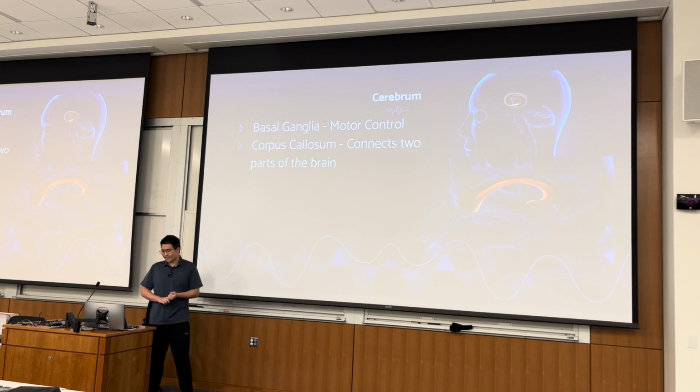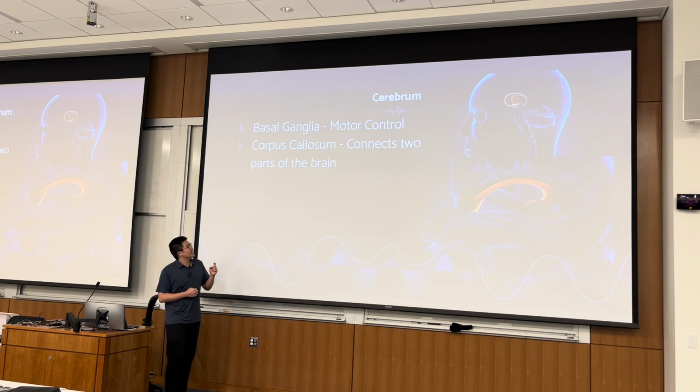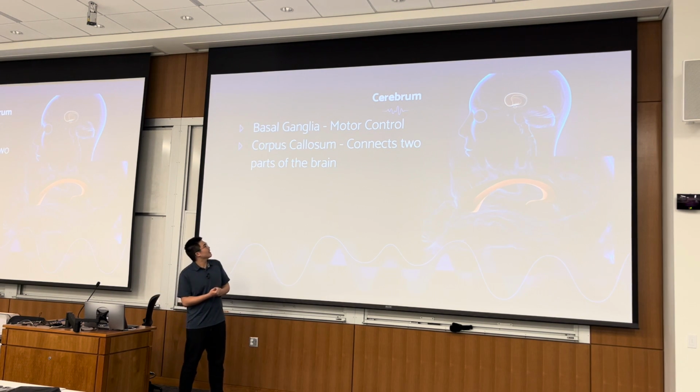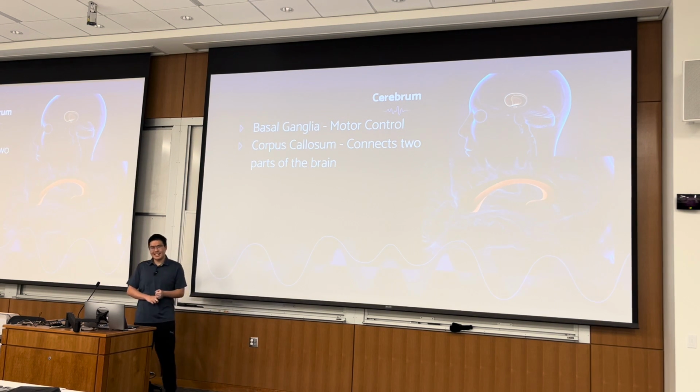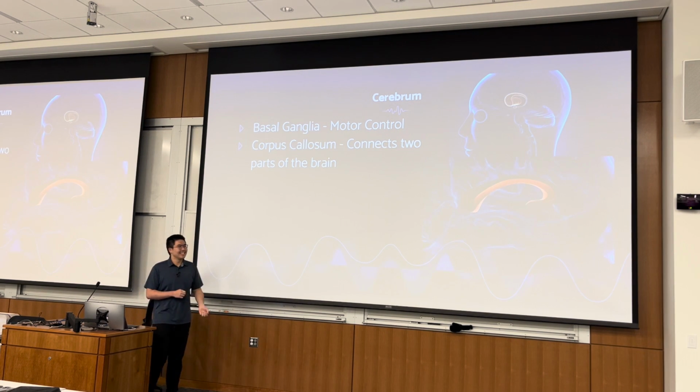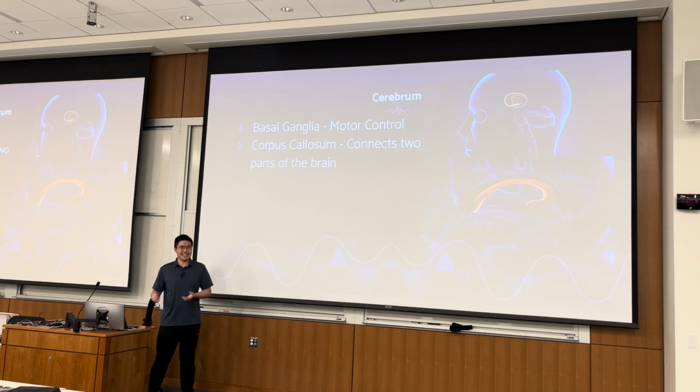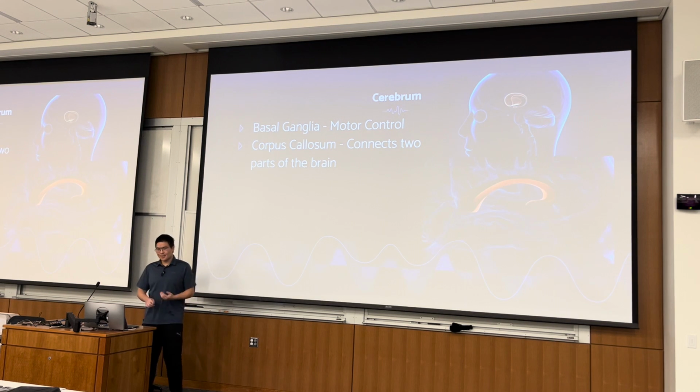Then we have the cerebrum, and these are also parts of the forebrain. We have the basal ganglia, which is for motor control. One thing that it does that I found interesting was that it can accept or reject signals from the brain telling which muscles to move.